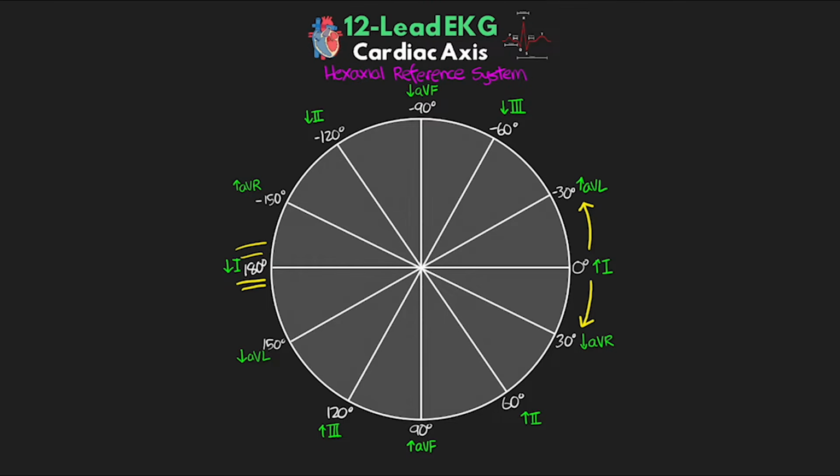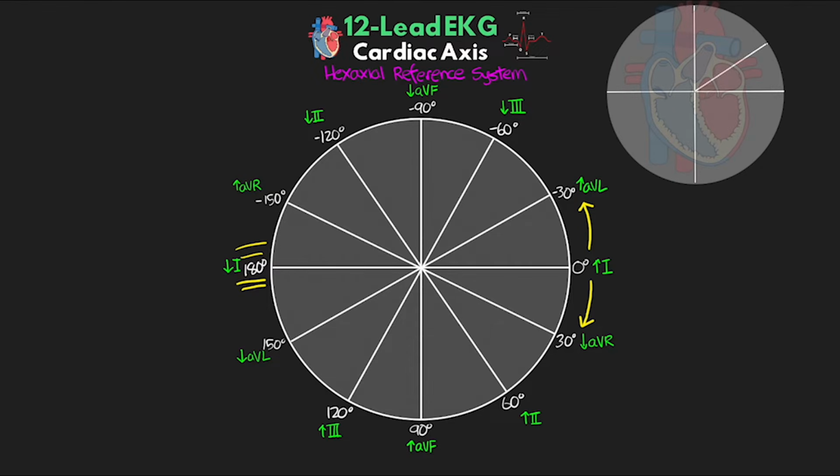If you remember from before though, looking at this circle with the degrees, it kind of reminds us of the quadrants that I talked about. If we take a look at our 4 quadrants, we have this section being our normal axis, this here being our left axis deviation, this quadrant being the right axis deviation, and then this quadrant being our extreme axis deviation.